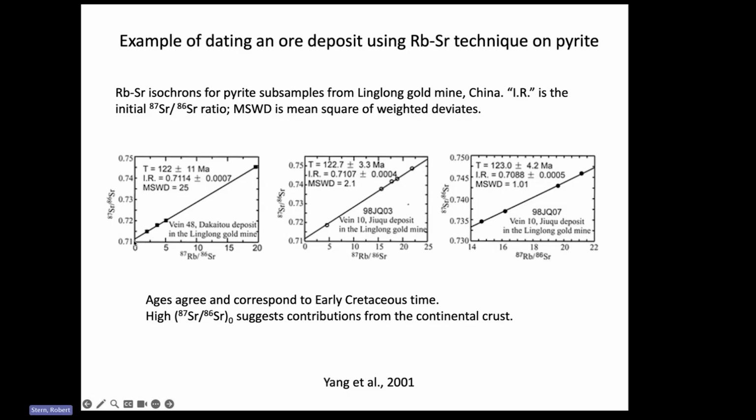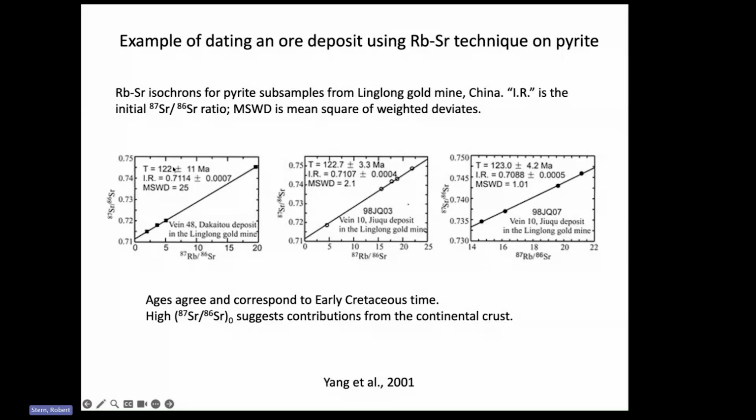It's basically where the 87Rb/86Sr ratio goes to 0, which must have been the original ratio. If this value is 0, then that hasn't evolved at all. So here is one vein with 4 pyrite samples, which got an age of 122 plus or minus 11 million years with the initial ratio of that.